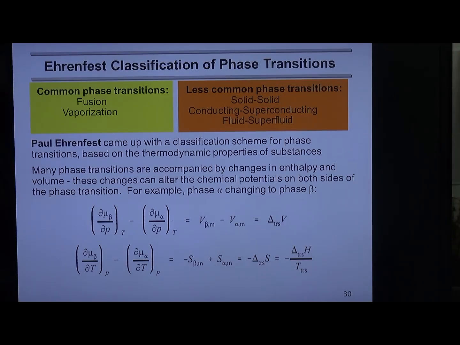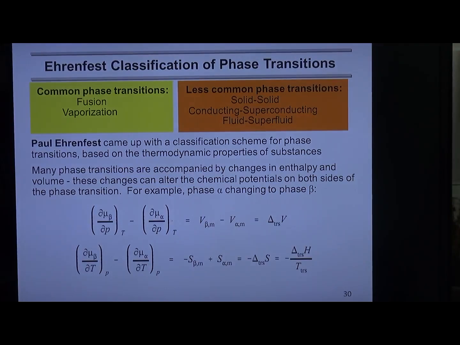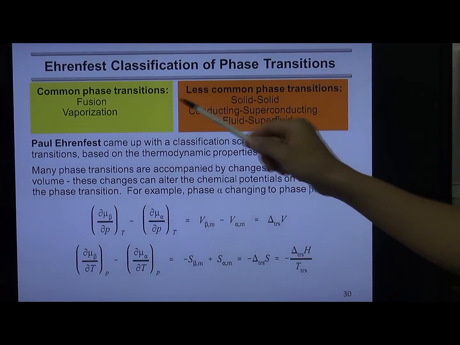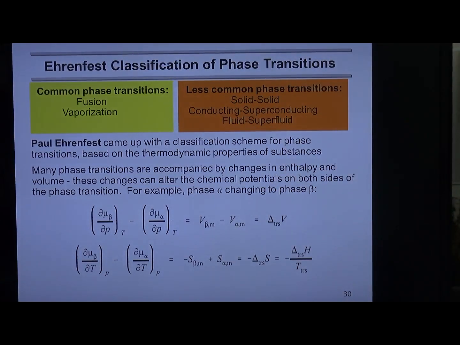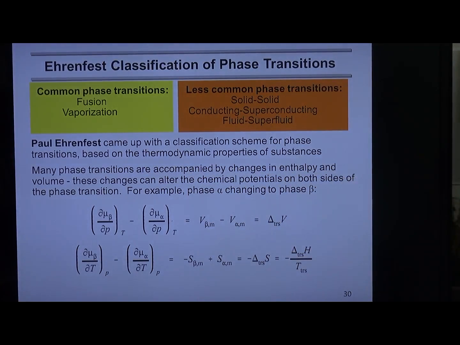So a person called Ehrenfest, actually Paul Ehrenfest, tried to classify different types of phase transitions based on thermodynamic properties of the transition. Okay?